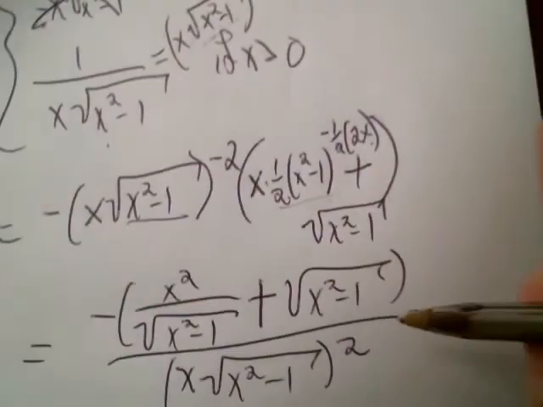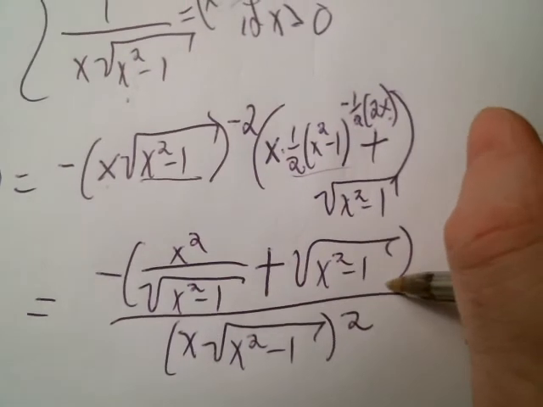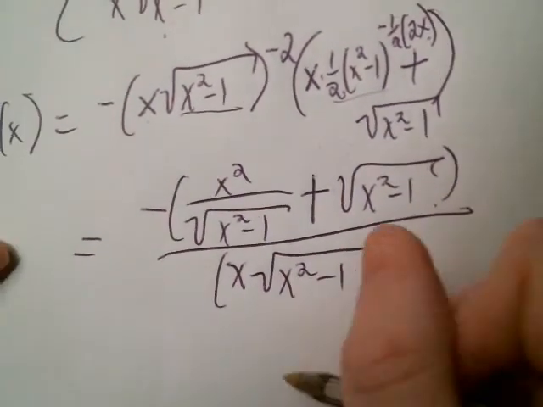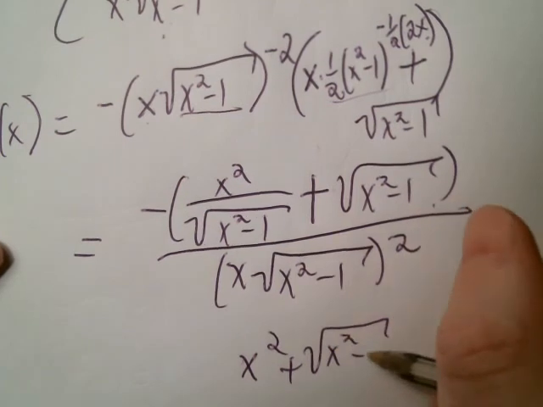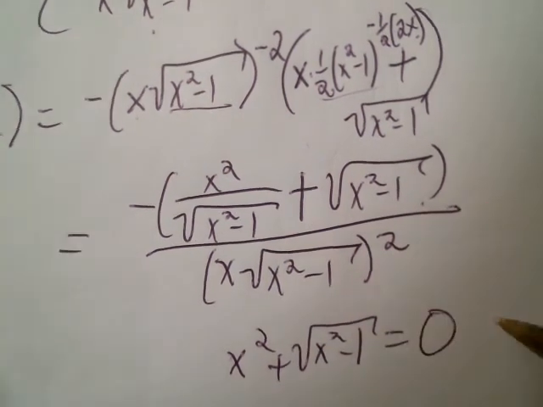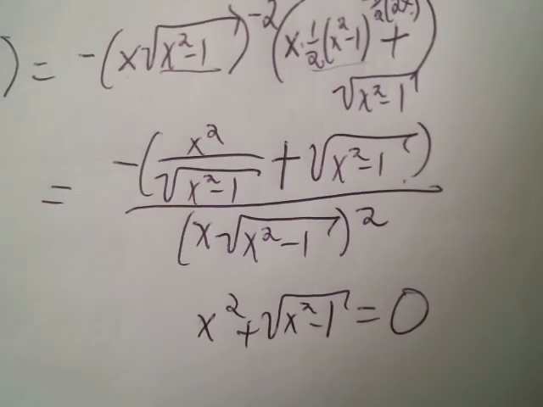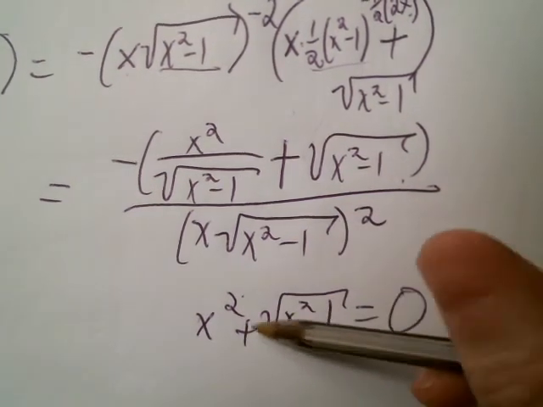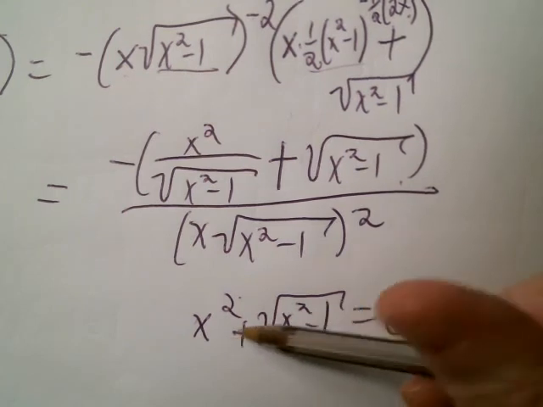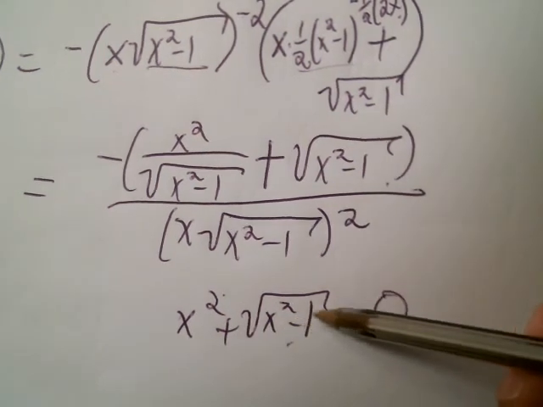Okay, anyways, with this guy up here now, I could take it and go x squared plus the square root of x squared minus 1 and set that equal to 0. This is squared and this is a square root. So they both have to be positive.